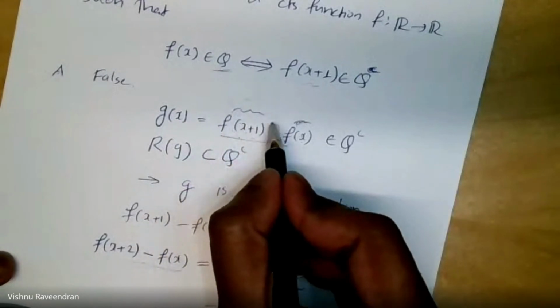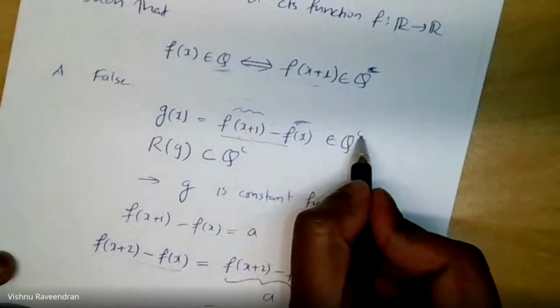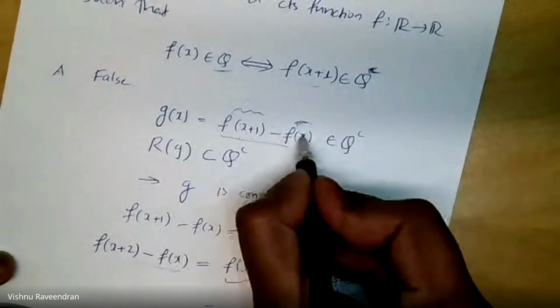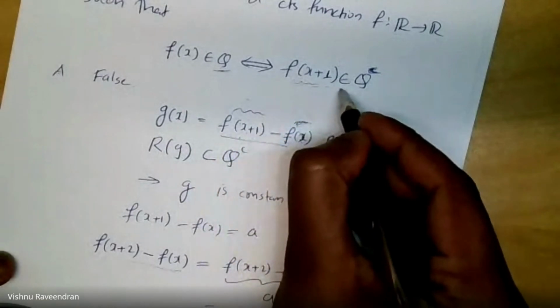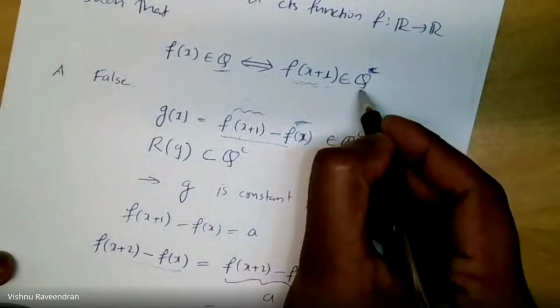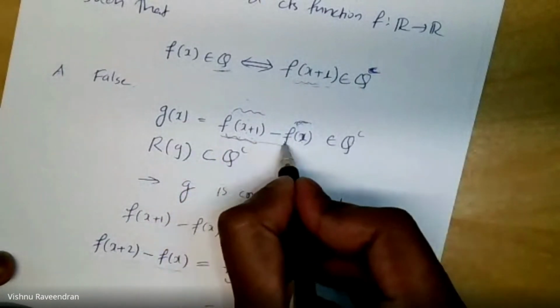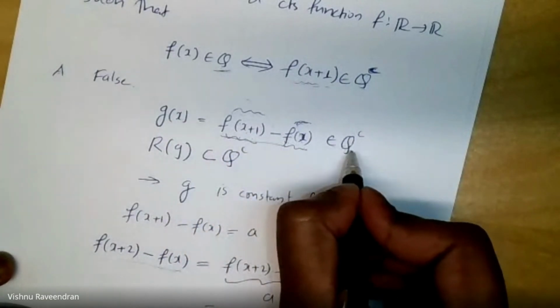So an irrational number minus a rational number will always be an irrational number. Now the other way. Now assume f of x is in Q complement. So f of x plus 1 must be in Q, a rational number. So this will be rational and this will be irrational. So again, you will get a number in Q complement. Okay, sir. Yeah.